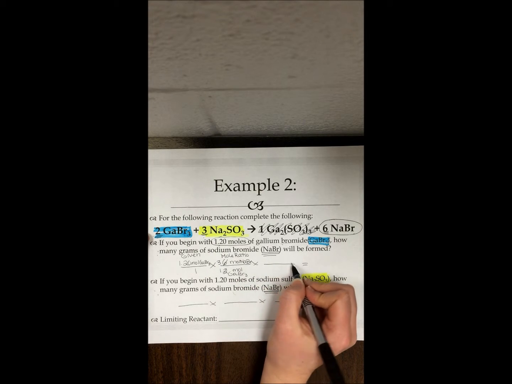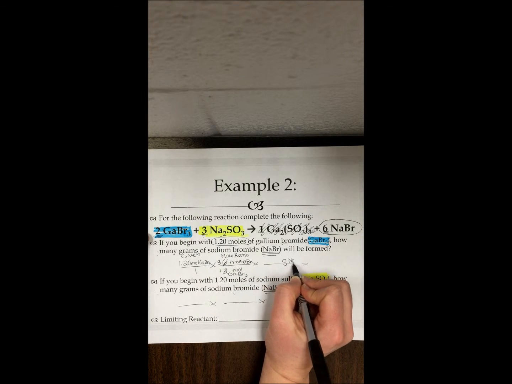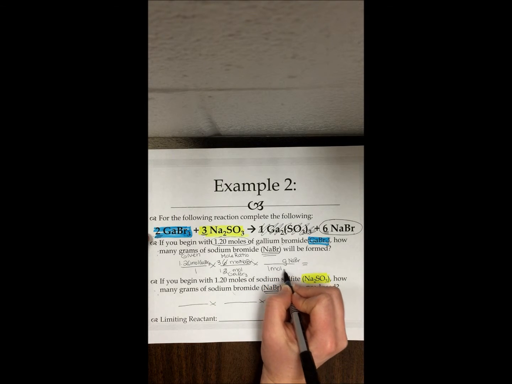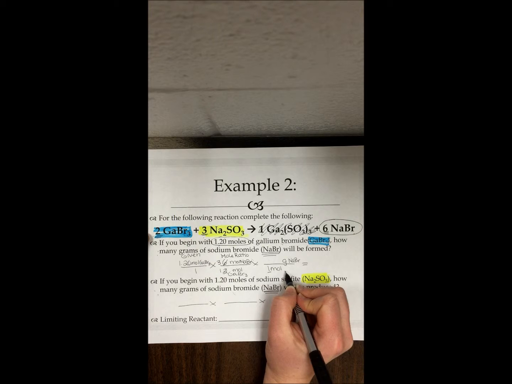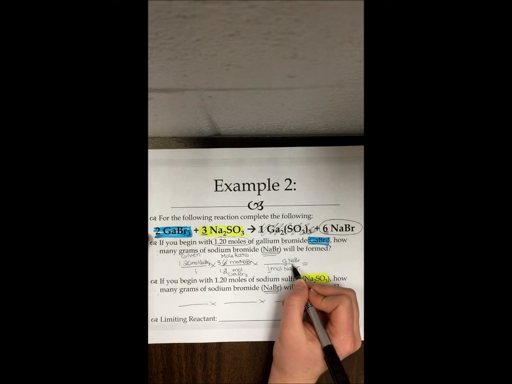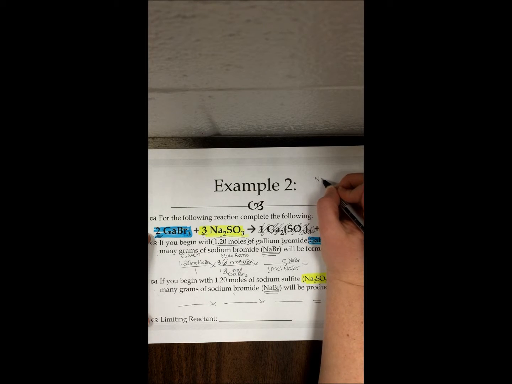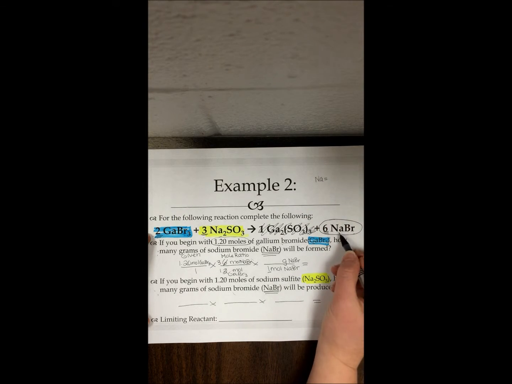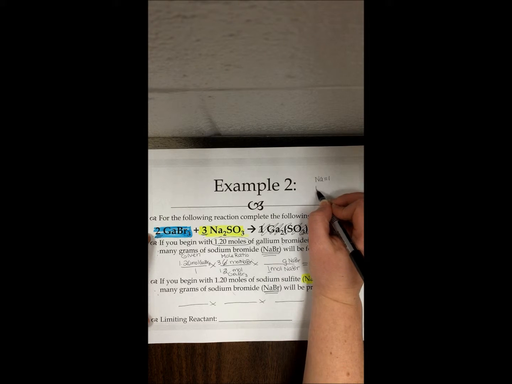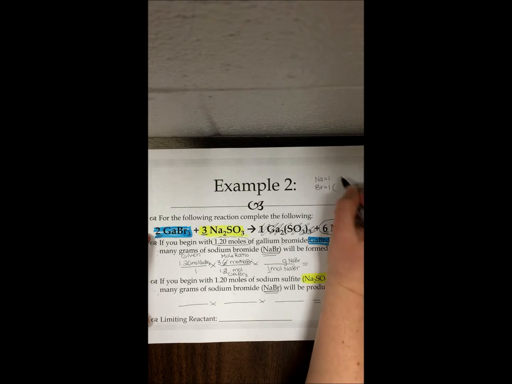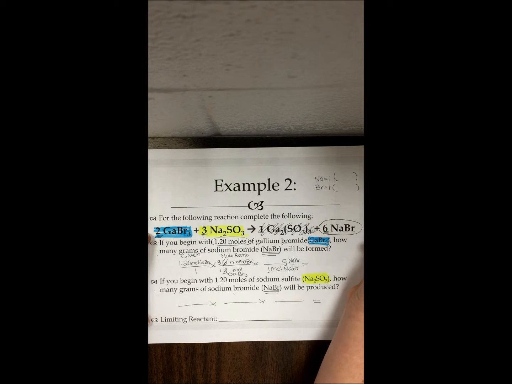Now our final step is going to take us to grams of NaBr. So we'll need moles on the bottom. Don't forget that it's always per 1 mole whenever you have molar mass in grams. So how many grams are in NaBr? So if we go up here, we're going to have how many Na? 1, perfect. How many Br? 1 also. Don't forget, if there's no number written there, you're going to assume that it's 1.